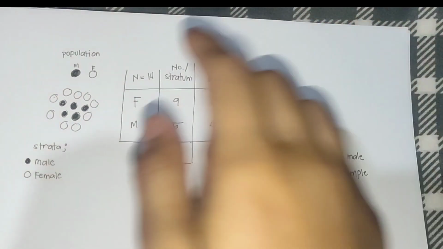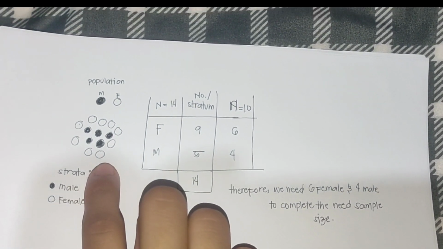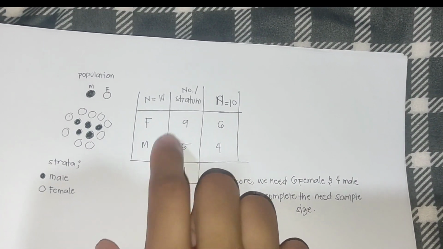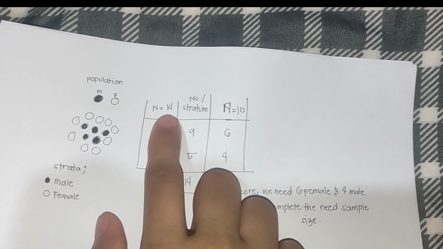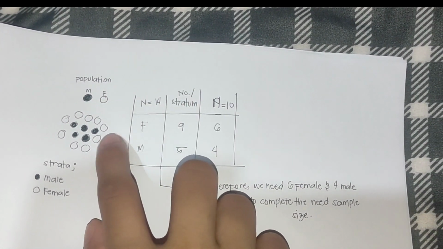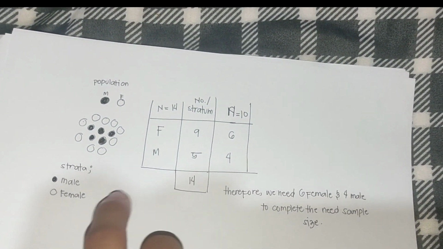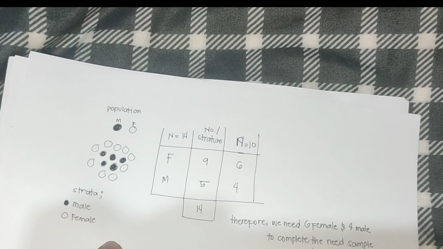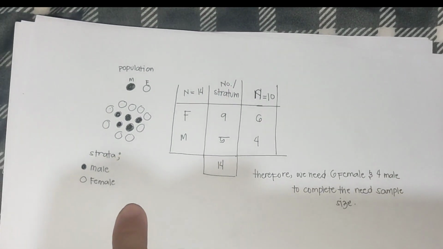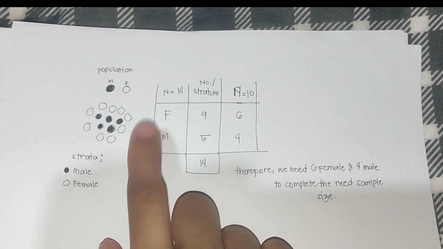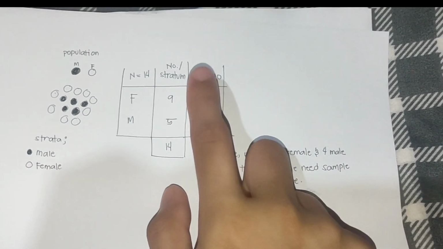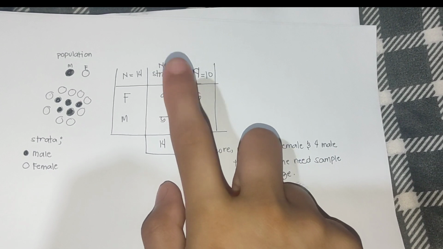Here we have this group of people that is called the population. We have 14 people overall in the population. This group of people was divided into strata, that is gender, which is male and female. So we have a whole population of 14, and the sample size we need is 10.